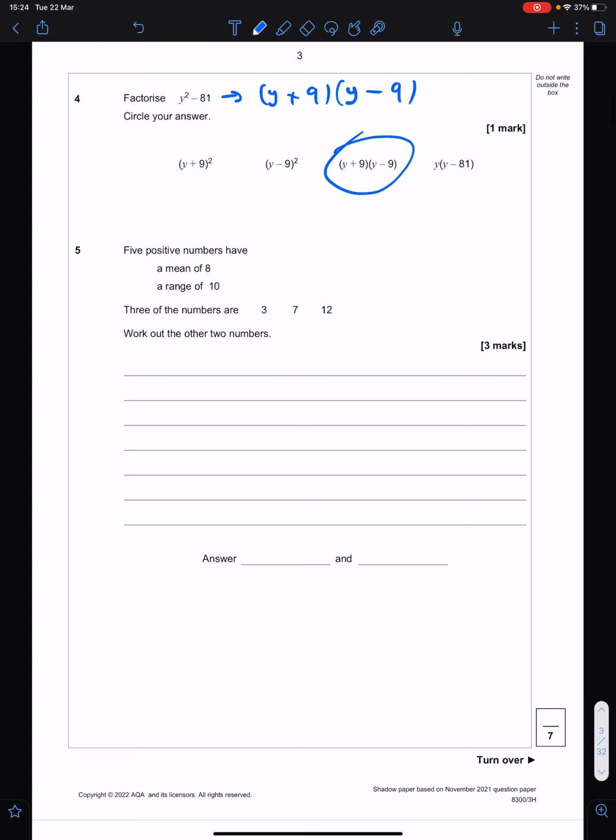Next one, 5 positive numbers have a mean of 8, a range of 10. 3 of the numbers are 3, 7, and 12. Work out the other 2 numbers. Okay, well, let's look at it like this.